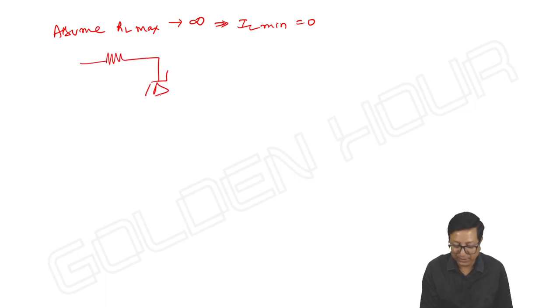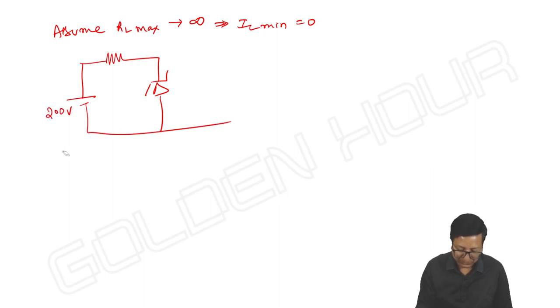If that is the case, IL minimum is equal to 0. Obviously, if that is the case, I need not draw the circuit. 10 volts, 100 ohms. Sorry, current is 0, resistor is infinite, and IL is 0.